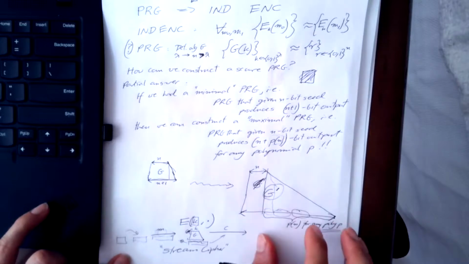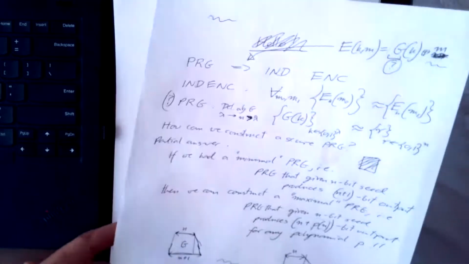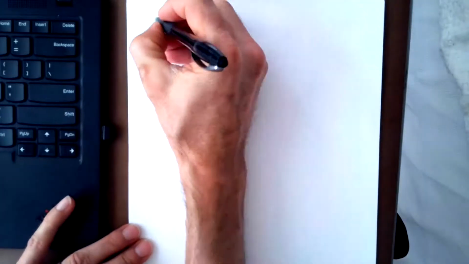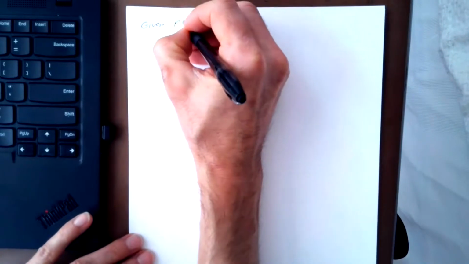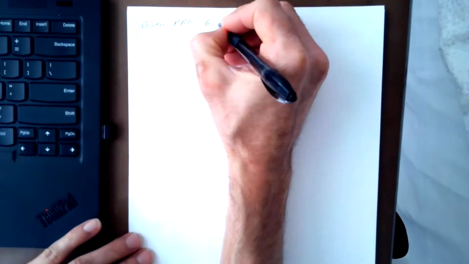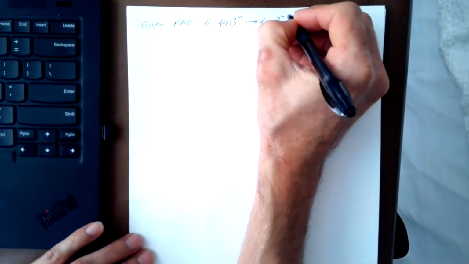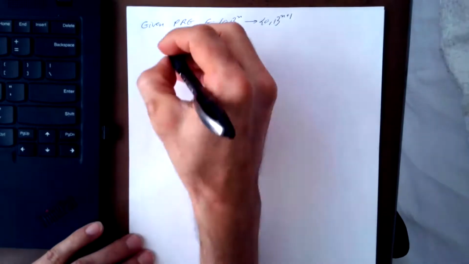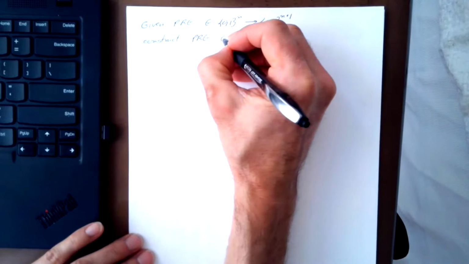We'll see how these examples look. So again, we start given a PRG G that takes n-bit inputs and outputs just n+1, and we construct a PRG G prime.